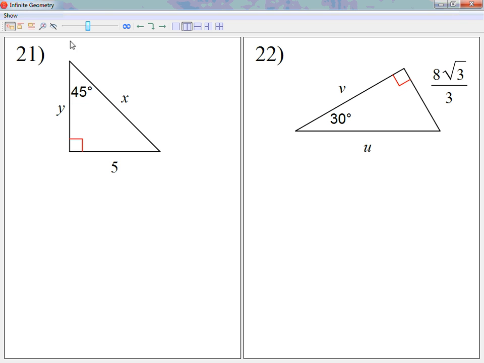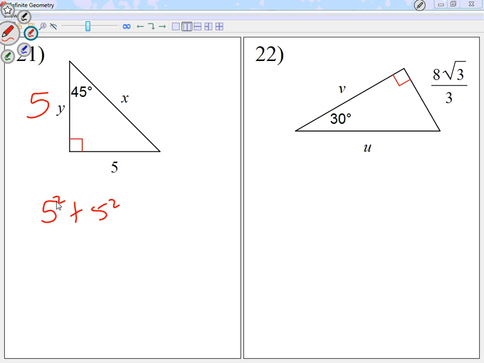This is a little reminder, how do we do this? On the 45, 45, 90 here, two sides are equal. The two sides intersect at 90 degrees. So I'm going to say the value of y is going to be 5 because these two sides are equal. If we don't remember the formula for x, then use the Pythagorean theorem. You guys are going to go 5 squared plus 5 squared is equal to x squared.